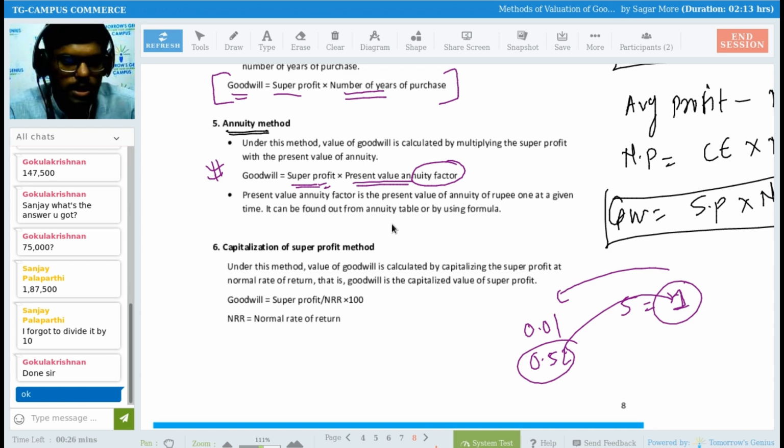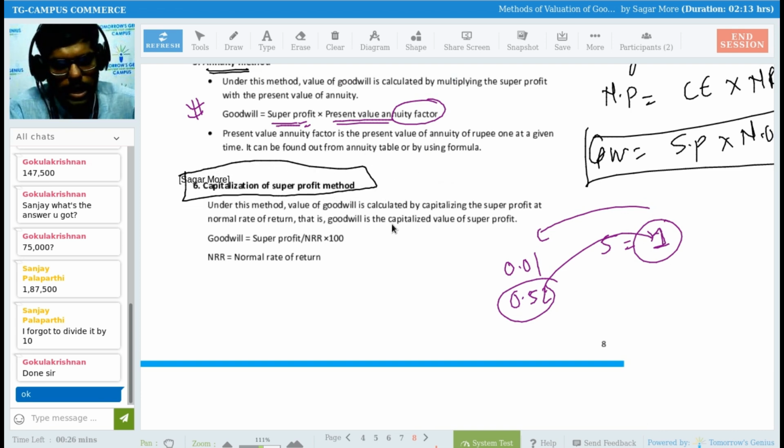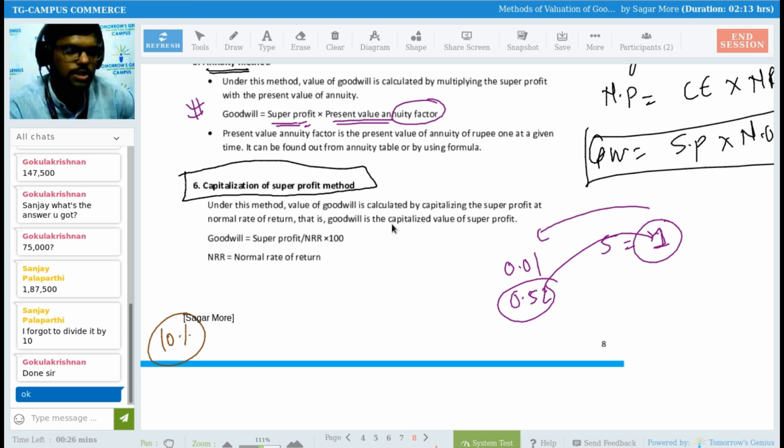Now, next is capitalization of super profit. What is capitalization of super profit? Simple. Suppose, Sanjay, Gokul, you are earning some profit at a normal rate of return of 10%.